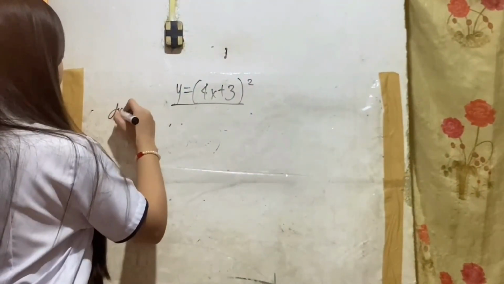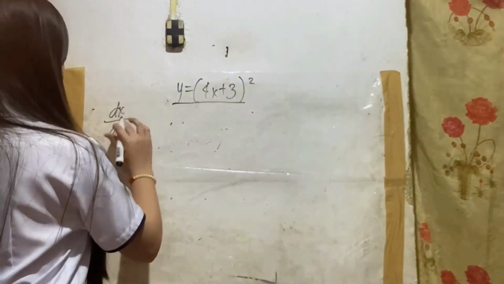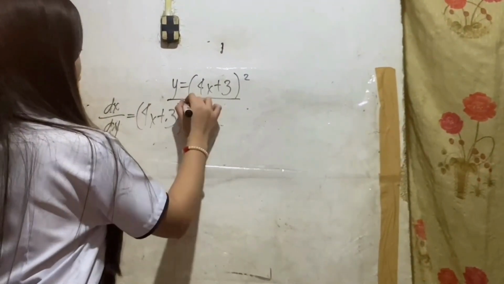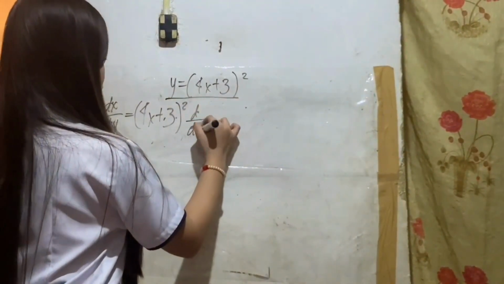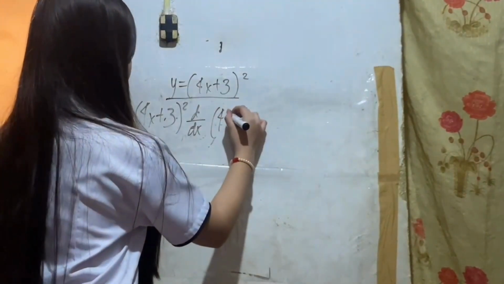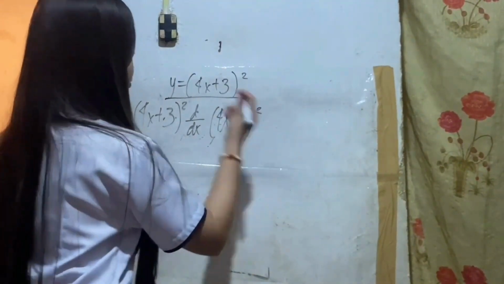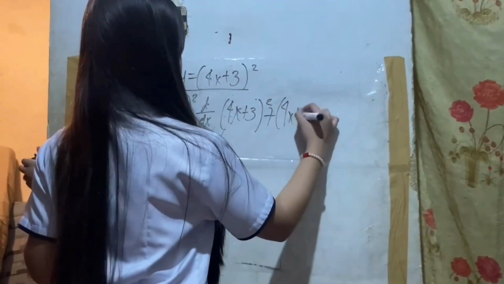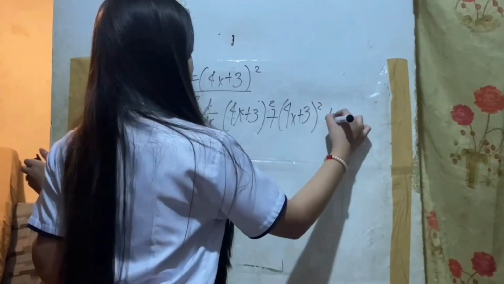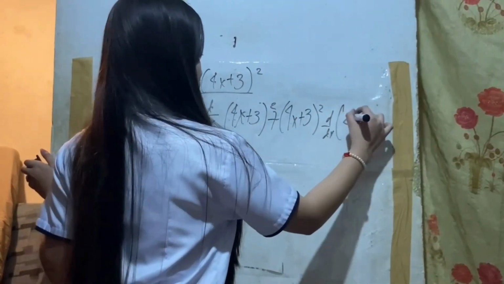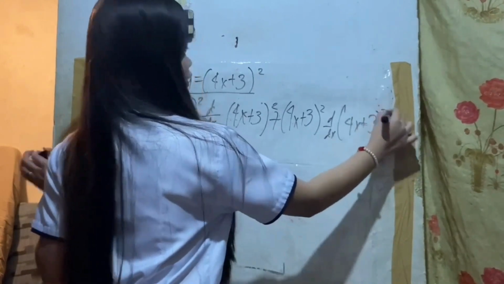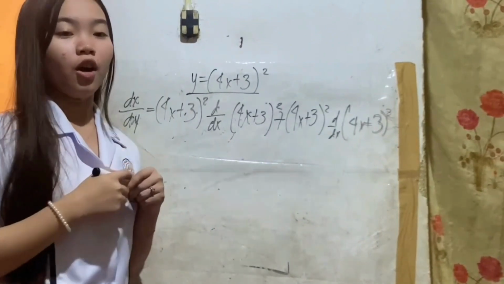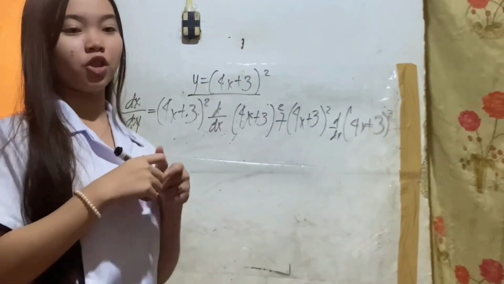Then we will take the derivative with respect to x: y' equals (4x plus 3) squared times the derivative of (4x plus 3), plus (4x plus 3) times the derivative of (4x plus 3) squared. Then the first formula you need is the derivative of a composite function, which is this one.